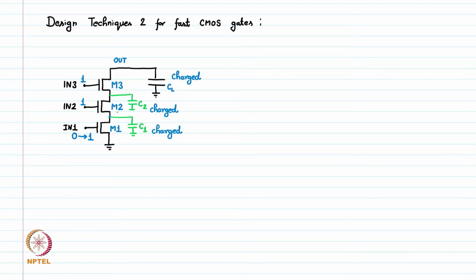So now in this pattern, when input 2 and input 3 are 1, input 1 is making transition from 0 to 1. Then we have a critical path for this circuit, which is something like this, that this is the critical path.